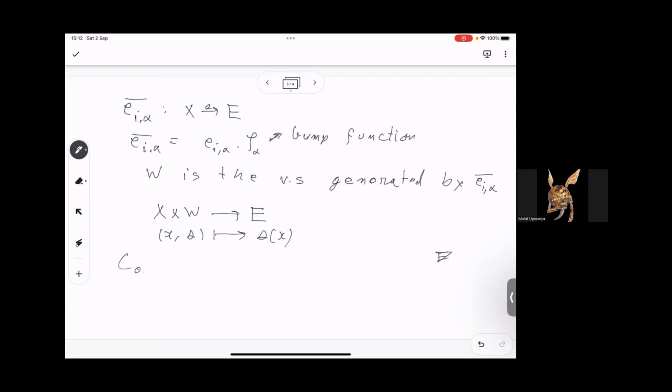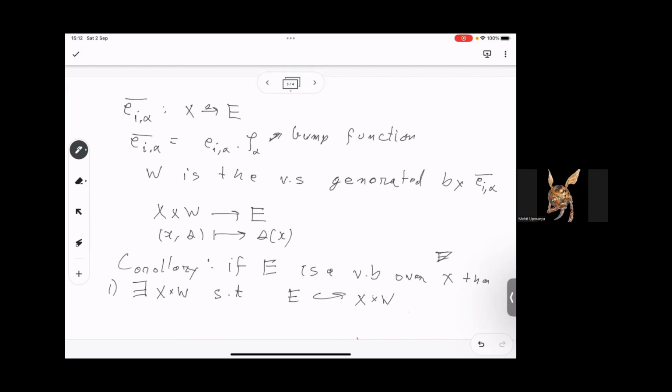So corollary. If E is a vector bundle over X, then number one, there exists X cross W such that E is a subset of this trivial bundle X cross W. So let's just see how we can get this.